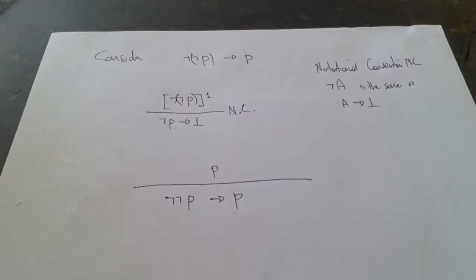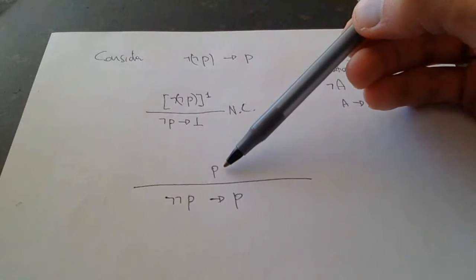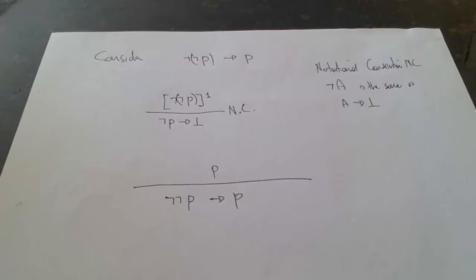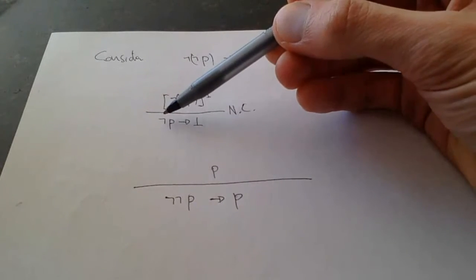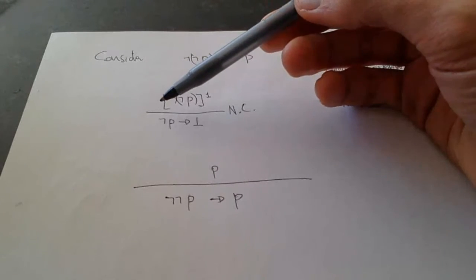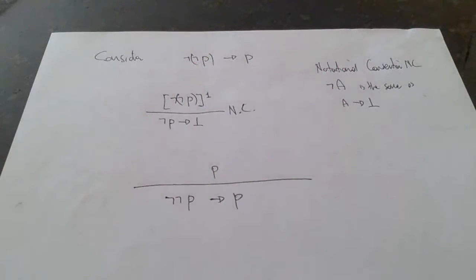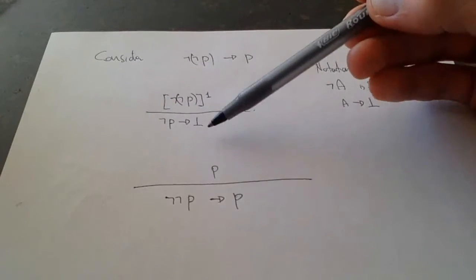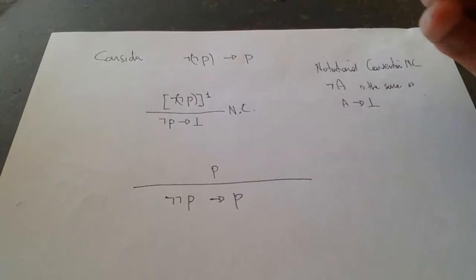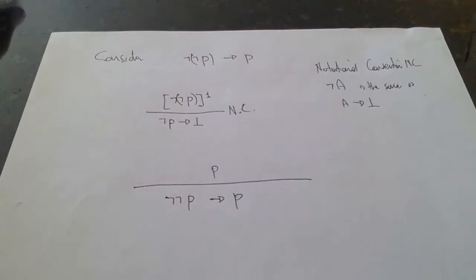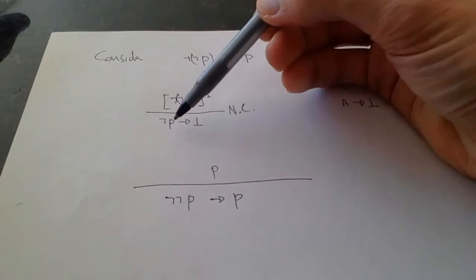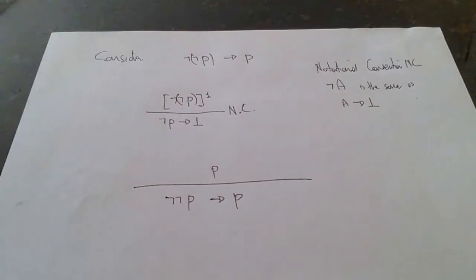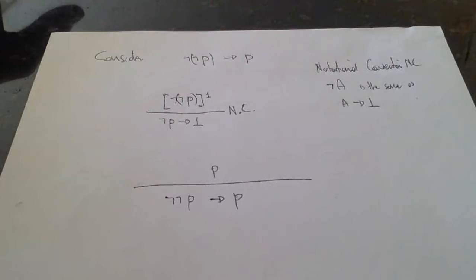Now the question is, how am I going to get to P if I have not P implies the contradiction? There doesn't seem to be anything that I can do really. However, here is something I can do.